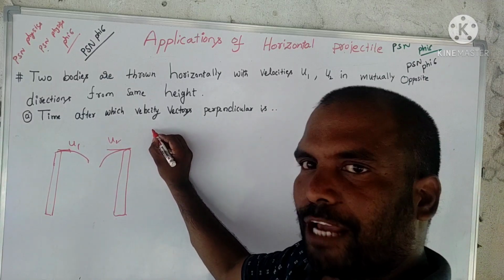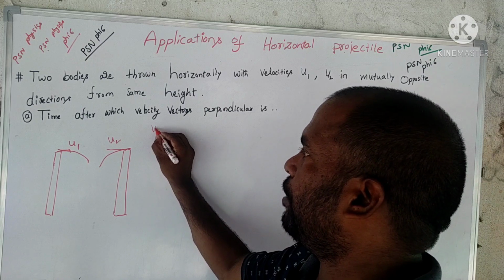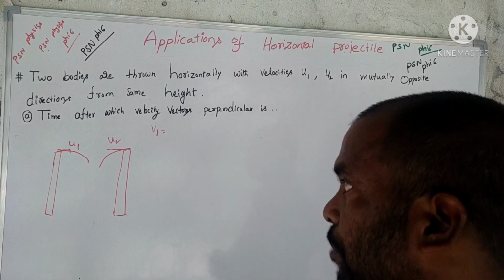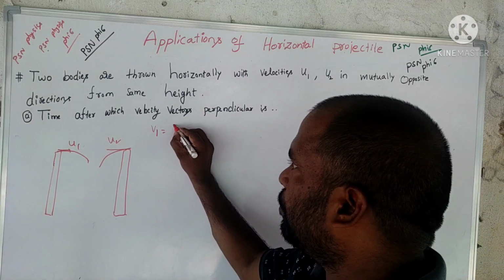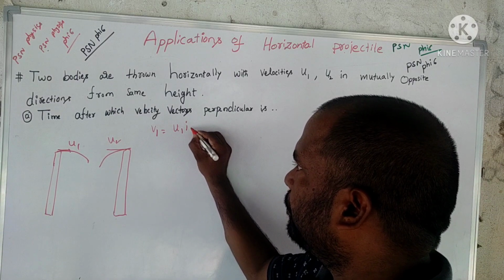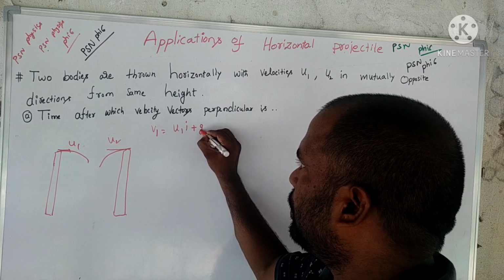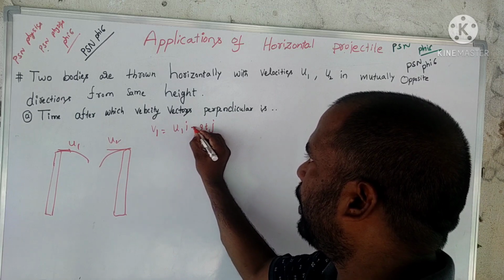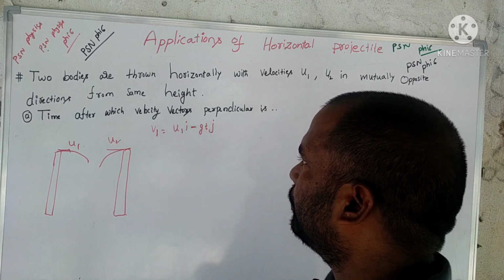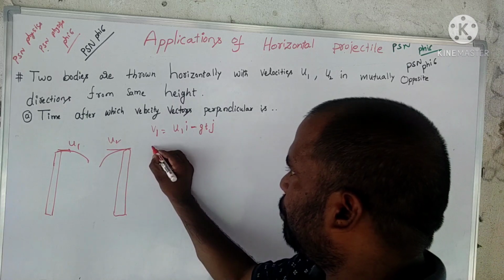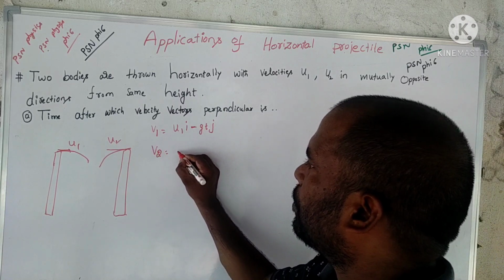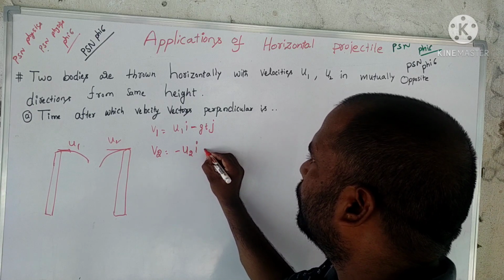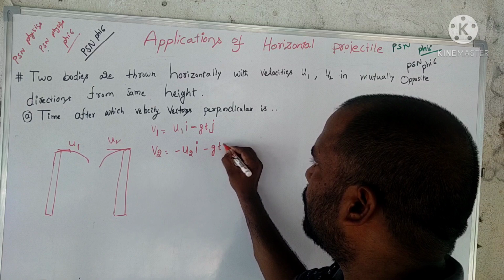Now after a time interval, the velocity vector v is equal to u plus at. Already we know, v1 is equal to u1 i minus g t j, and v2 is equal to minus u2 i minus g t j.